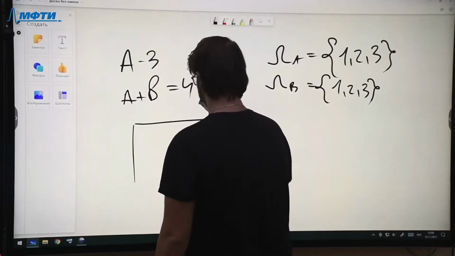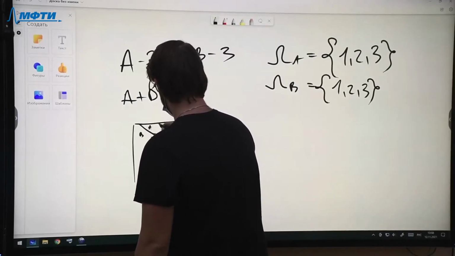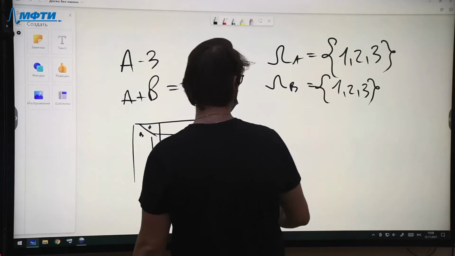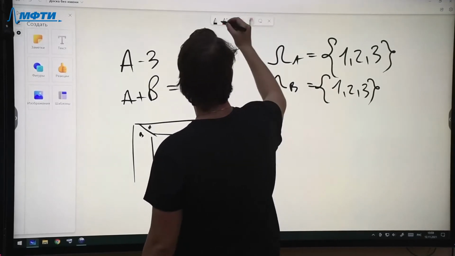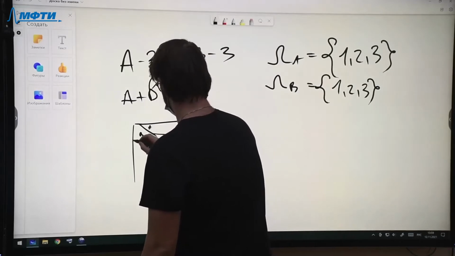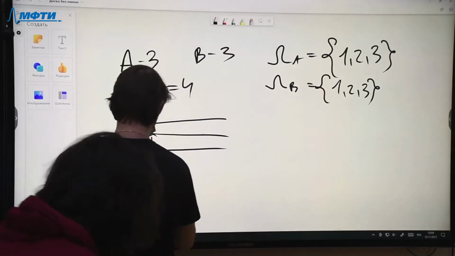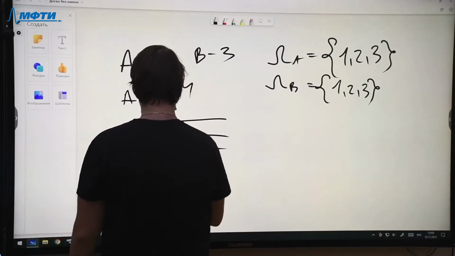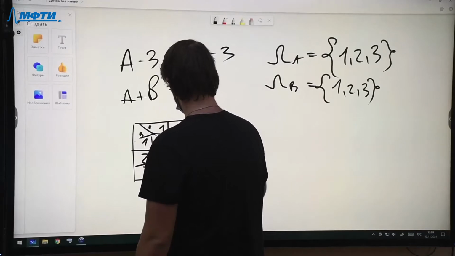We can draw a table, A here and B here, with 1, 2, 3 and here as well 1, 2, and 3.